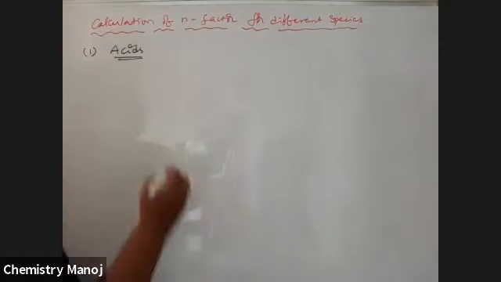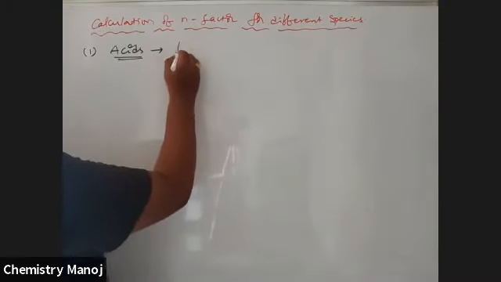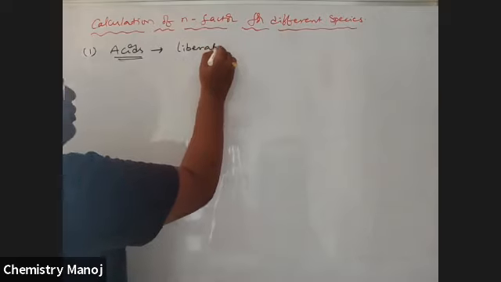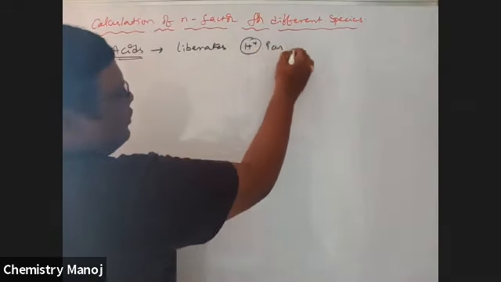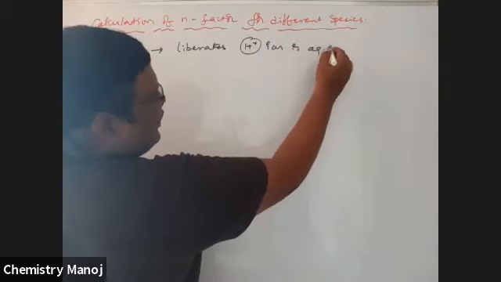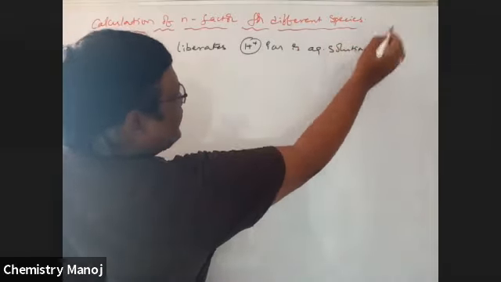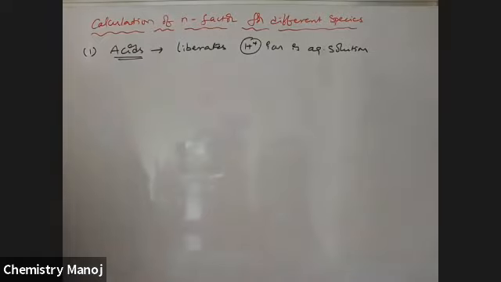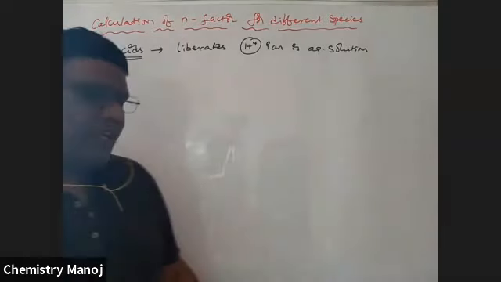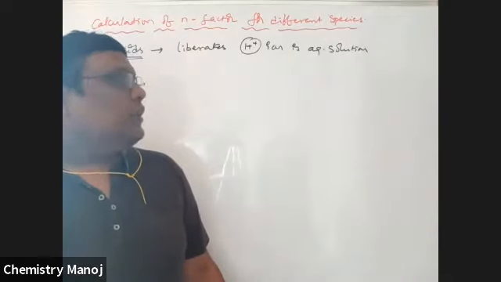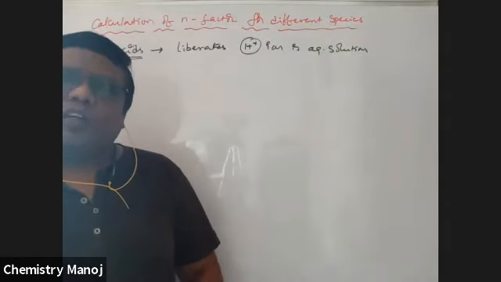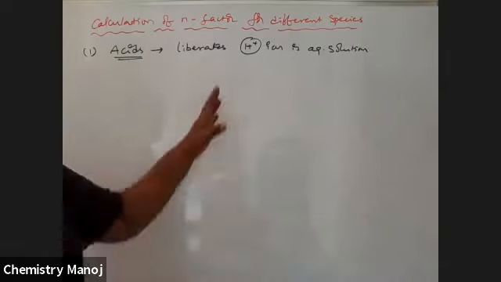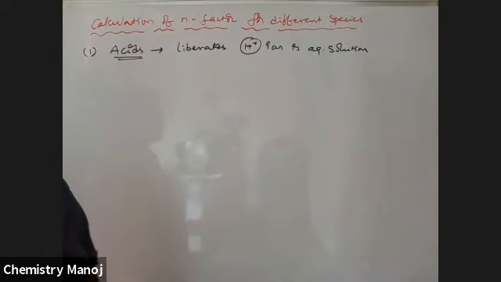An acid is a substance that liberates H plus ions in aqueous solution. It is according to our Arrhenius concept. That is a standard statement. A number of other statements are also there, but here we are considering the number of H plus ions.